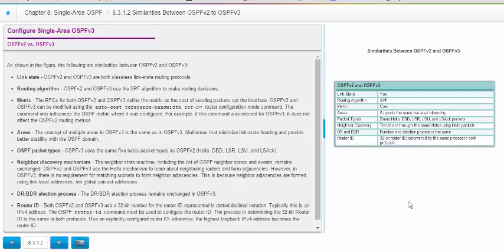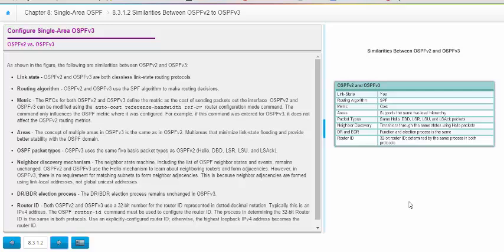The RFCs for both 2 and 3 define the metric as the cost of sending packets out the interface. 2 and 3 can be modified using the auto-cost reference-bandwidth router configuration mode command, and the command only influences the OSPF metric where it's configured. Okay? So if it's configured on 3, it doesn't affect 2. It's only the one that it's configured with.